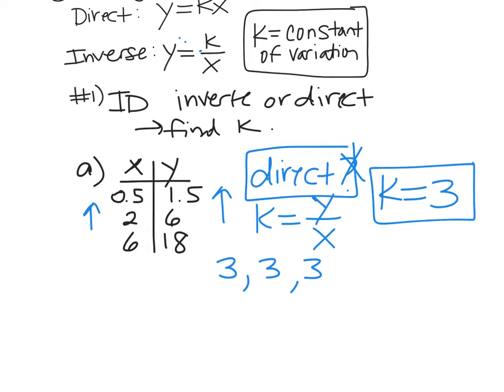That's pretty good, huh? Okay, so then the equation for this would be y equals 3x. And you knew that already, even without going through all the steps. If you plug in a number for x, you multiply it times 3, you get y.